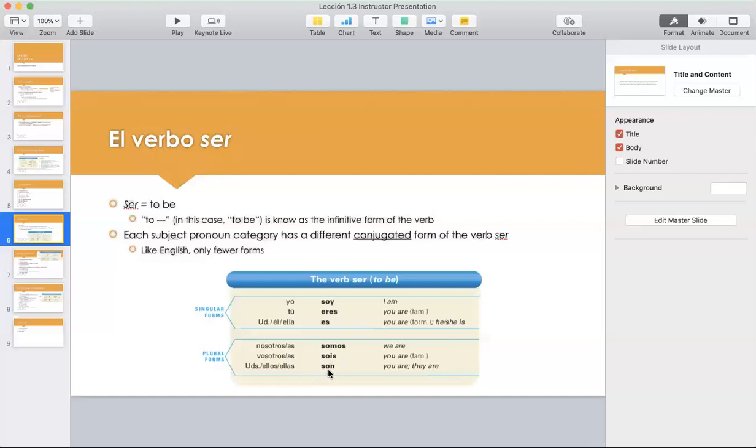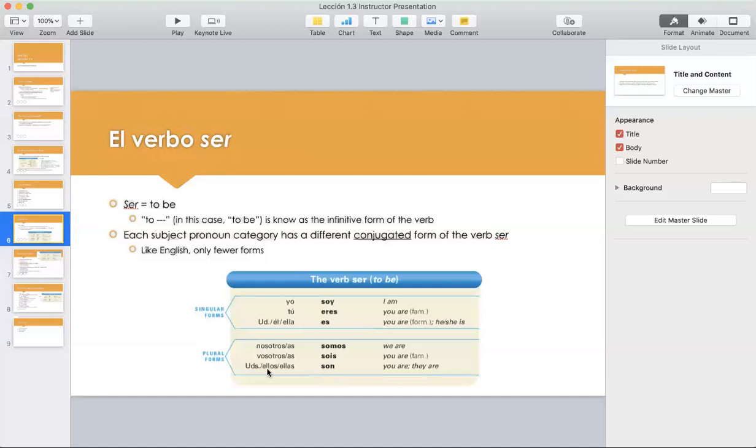So what is this son? Here we have the same situation as the es. We have uno, dos, tres, three pronouns using son. So if I say ellas son, it means they are, as in this group of girls, they are. But if I say son by itself, it still means they are.